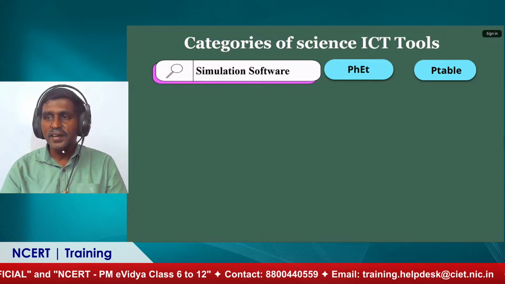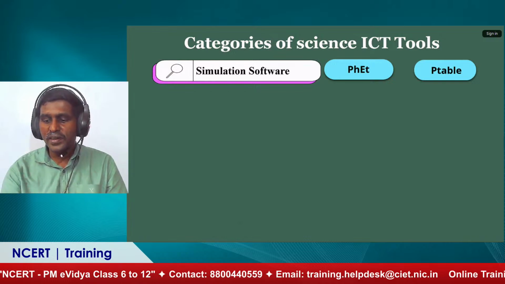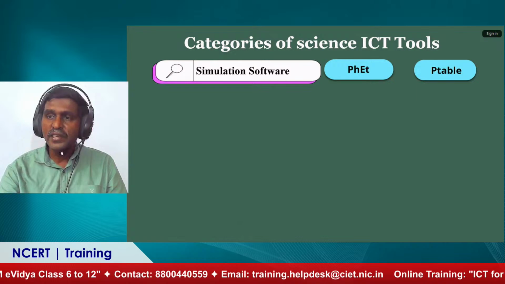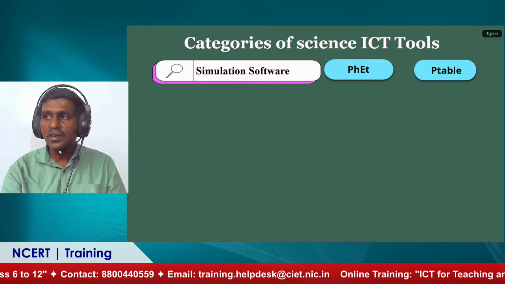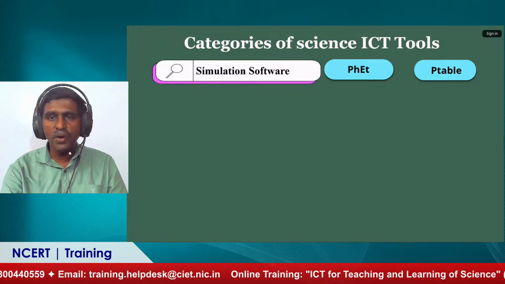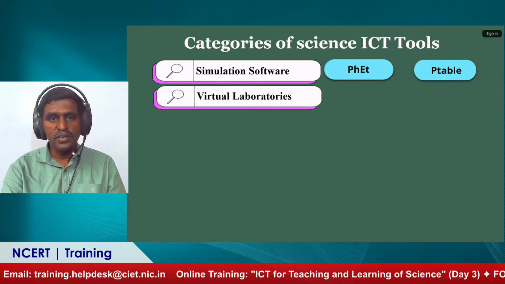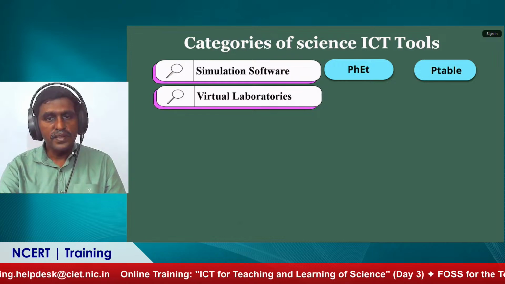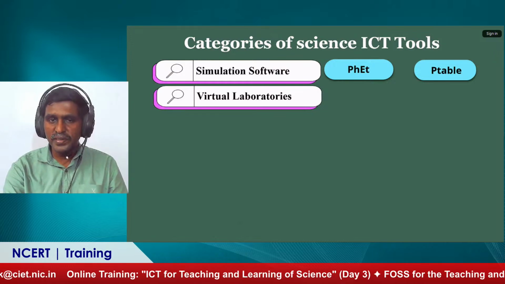PTable is another tool which is used for chemistry. So many tools are there. I am introducing a few tools which can be used freely. That's the topic of our discussion today. Then another one is virtual laboratories.